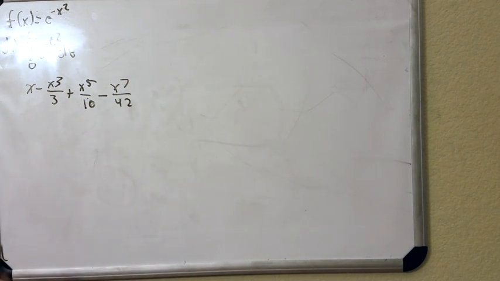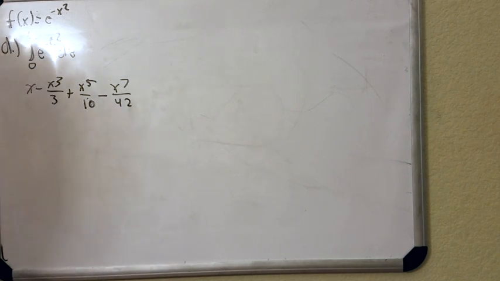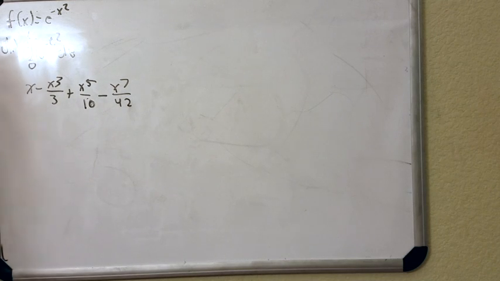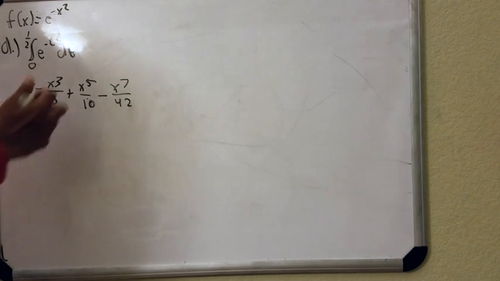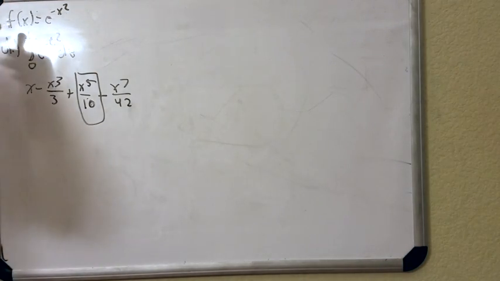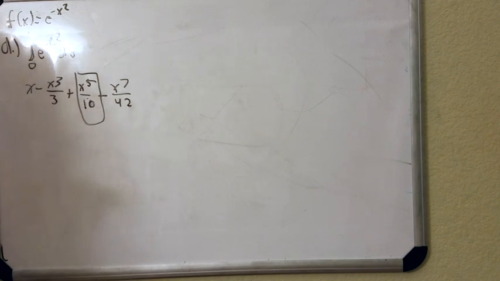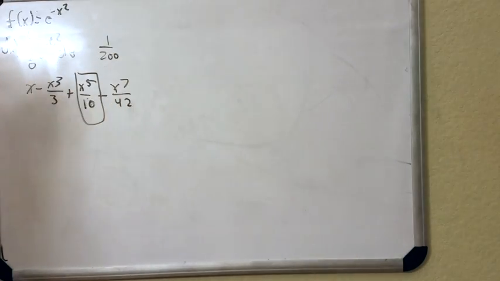So we found this as the representation, and we need to realize that 11 over 24 was the estimation for the first 2 terms, and because it's an alternating series remainder test, we need to use this 3rd term and plug in 1/2 into it to determine if the error for this estimation is less than 1 over 200.